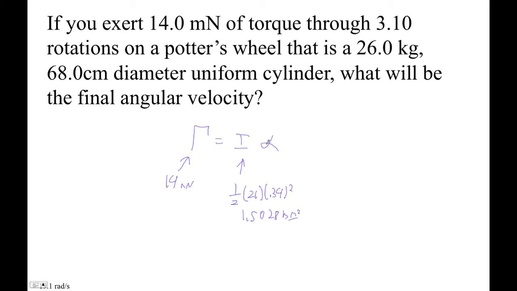And so we can now find alpha. Alpha is just 14 divided by that. So alpha is 9.3159 radians per second squared. All right, and now we could Suvat this, right?